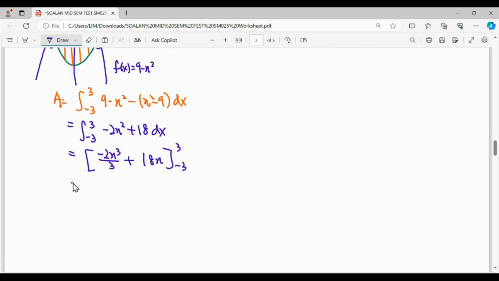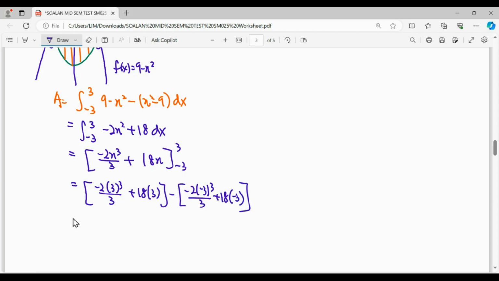So next, we show the upper limit, which is 3, minus the lower limit, which is negative 3. Then we simplify using a calculator, and you will get 72 units squared.